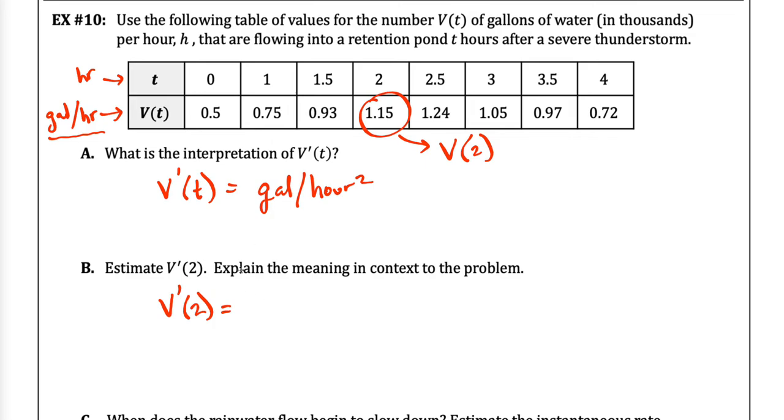That works. So V of 2.5 minus V of 1.5, so we would have 1.24 minus 0.93 divided by 1, which would get us 0.31.